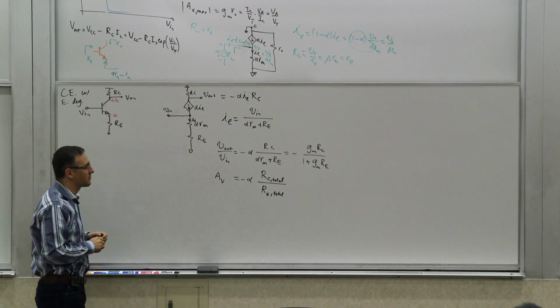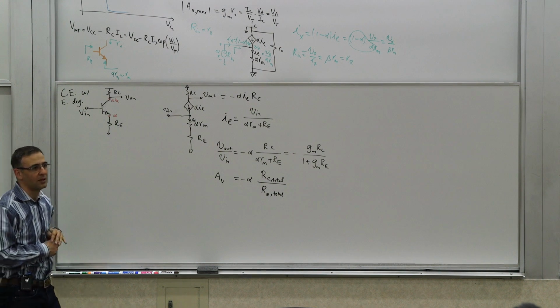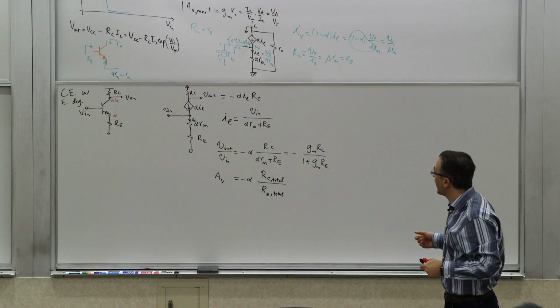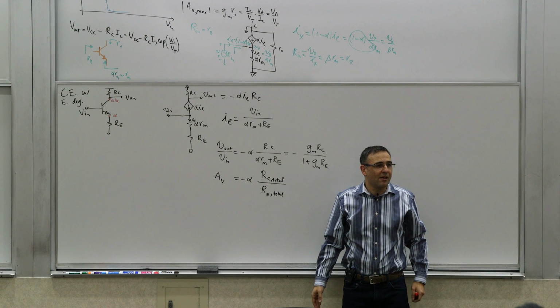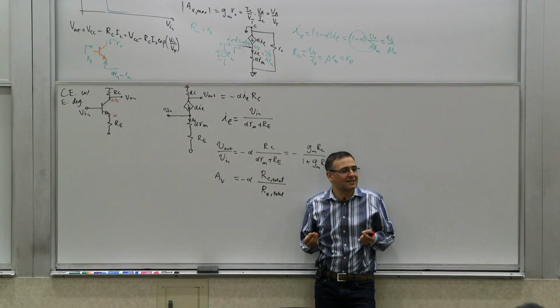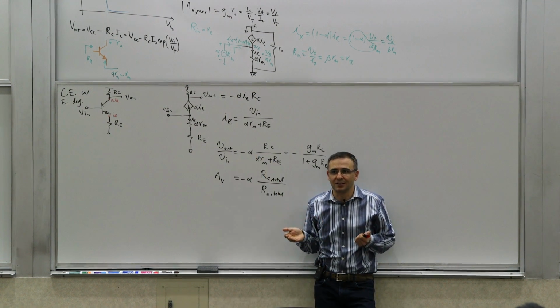So the voltage gain is really the ratio of the total resistance in the collector to the total resistance in the emitter, times alpha. Essentially, once this Rm part is small compared to RC and RE, the exact specific IV characteristic of the transistor becomes irrelevant.